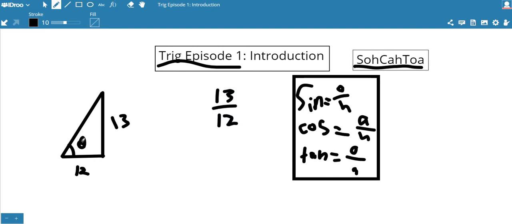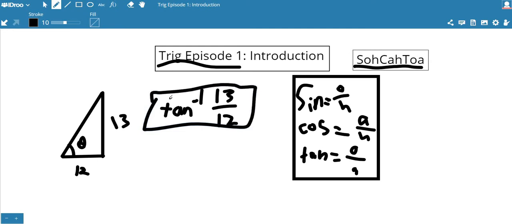So we still want to find out this missing angle. We're going to do inverse tangent, and that is something that you want to write: tangent to the power of negative 1, or arctangent, of 13 over 12.